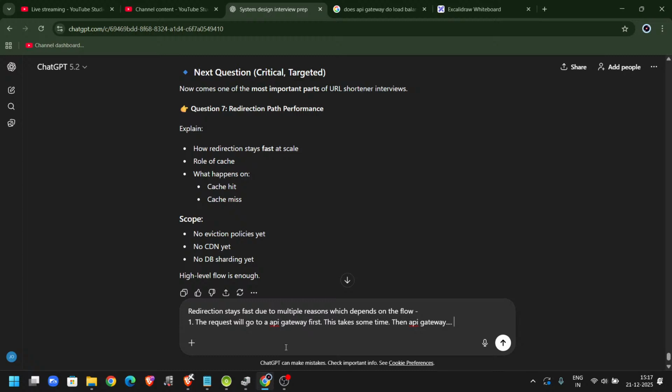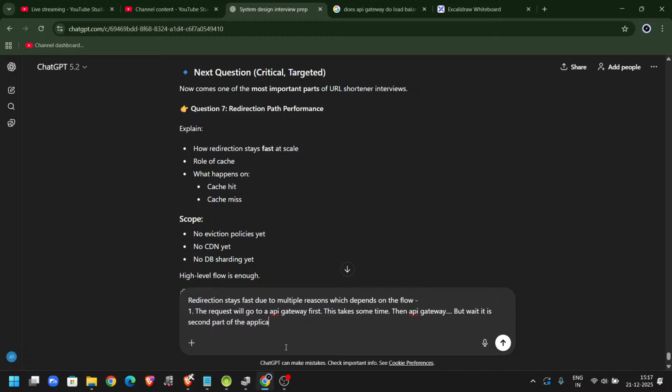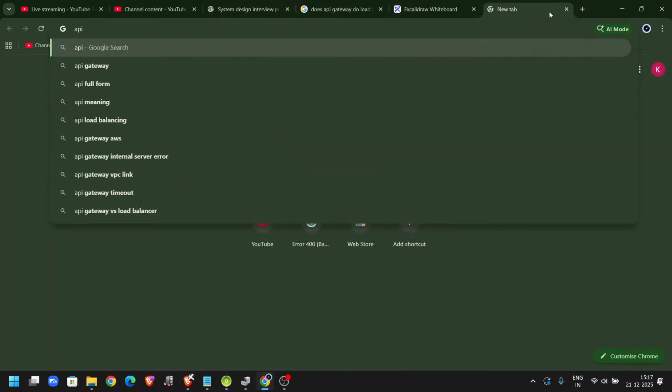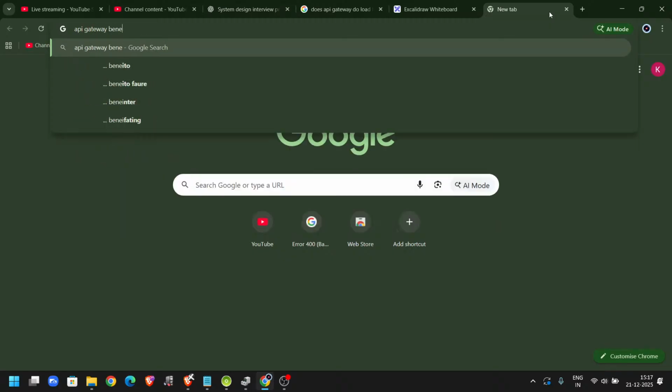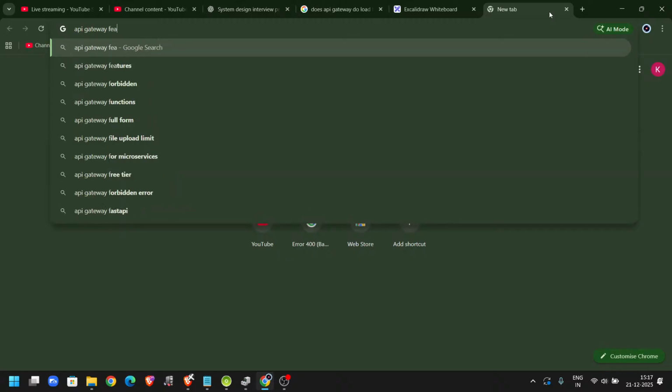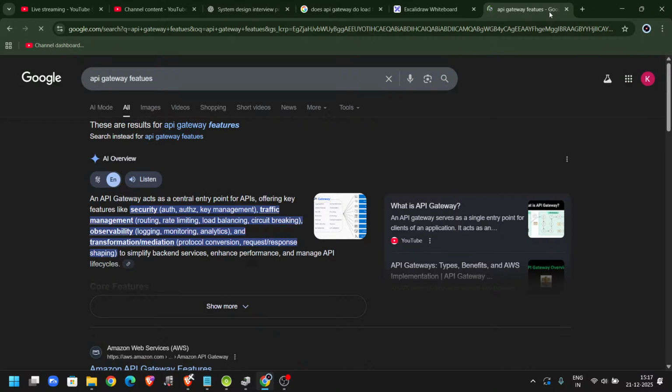Okay, let's do something like this. But wait, it is the second part of the application, which does not really need it. But the API gateway has other jobs too, right? Rate limiting, etc. Gateway benefits or features: security, traffic management, routing, rate limiting, load balancing, circuit breaking. Okay, so let's just send it to the API gateway. That should be fine.